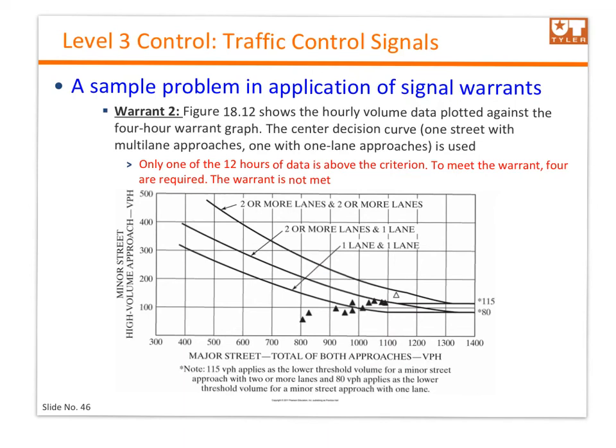The center decision curve is the line we need to follow, because we have one street with multi-lane approaches and the minor street has one lane approach. As you could see, only 1 point of the 12 hours is above the criterion, and to meet the warrant, 4 are required. Therefore, the warrant is not met. So far warrant 1 was met, but warrant 2 is not met.